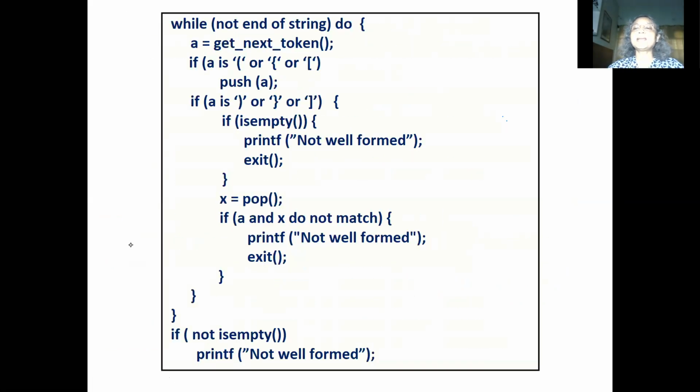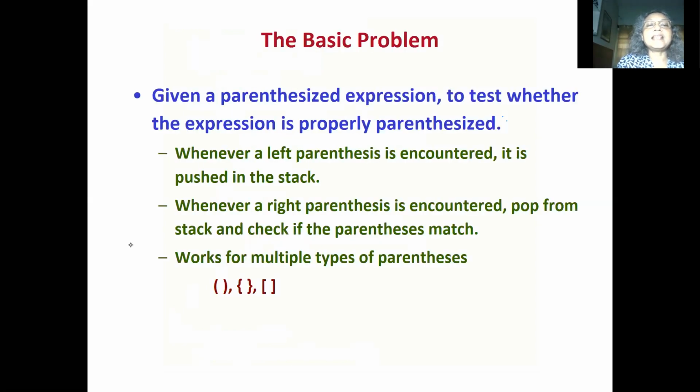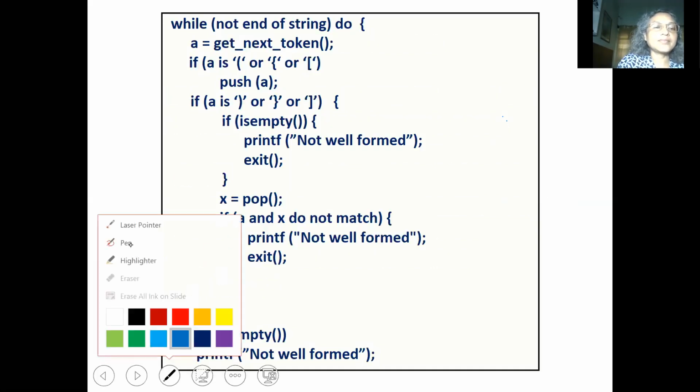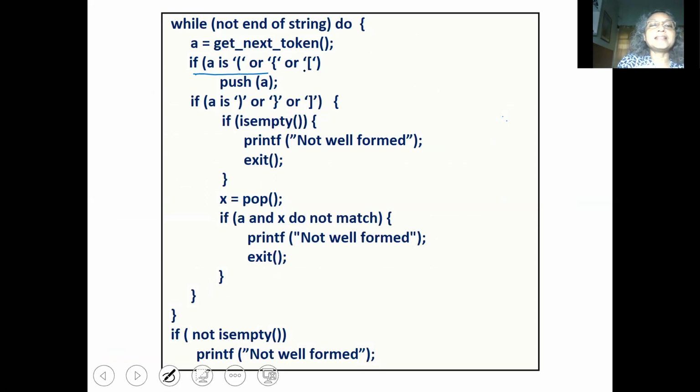So let us look at the algorithm and then we can work it out. While we do not reach the end of the string, A is the next token. If A is a left parenthesis of any type, we push A to the stack.